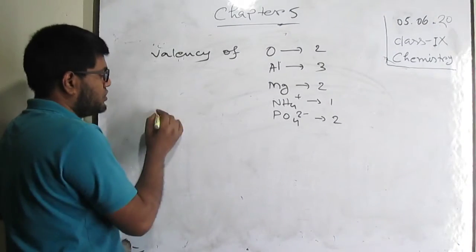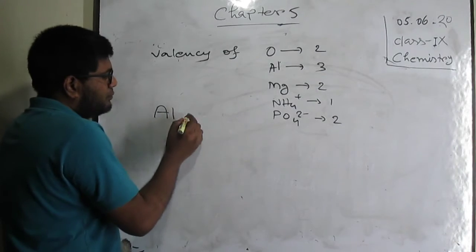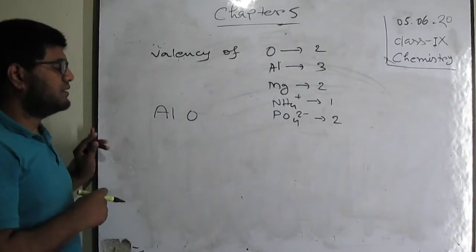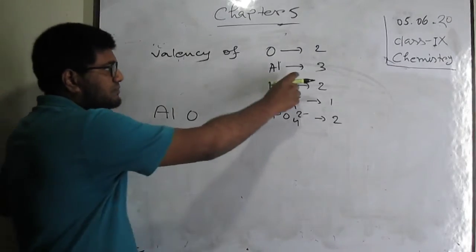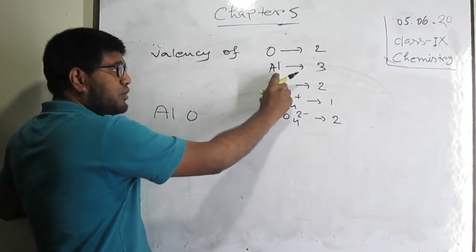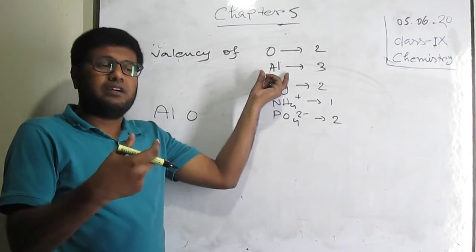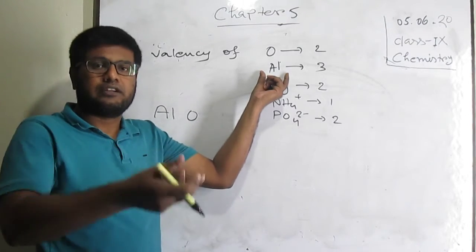Suppose aluminum oxide. If I write aluminum oxide this way, this is not right, because the valency of aluminum is 3. We know aluminum is a metal, so aluminum will try to donate 3 electrons.